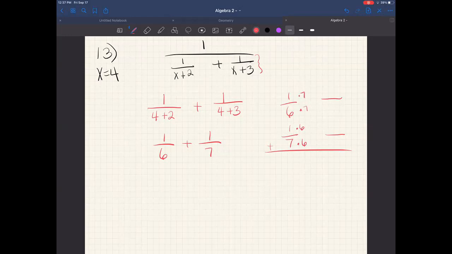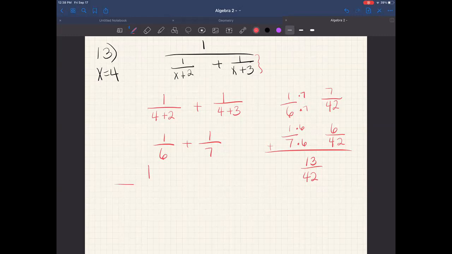So 7s are multiplied on the top and 6s are on the bottom. So I keep my 42 in my denominator. 7 plus 6 is? 13. Okay. Now I've just finished solving my denominator.